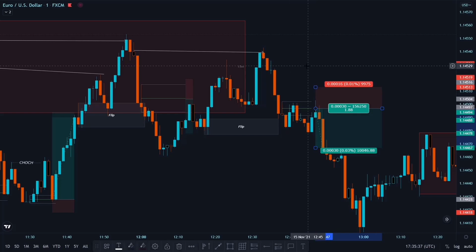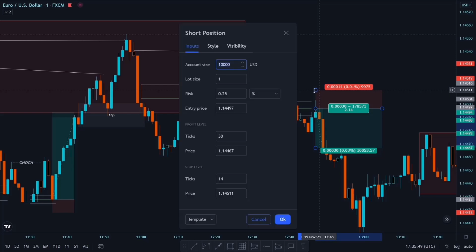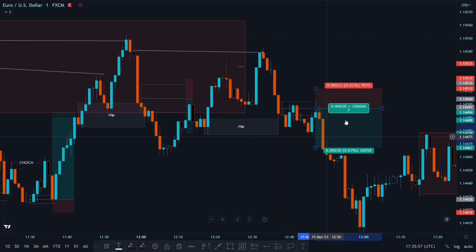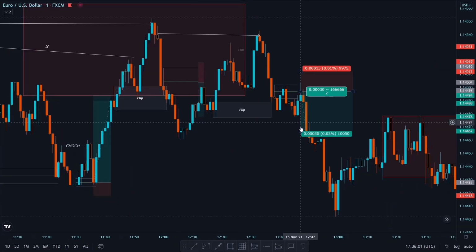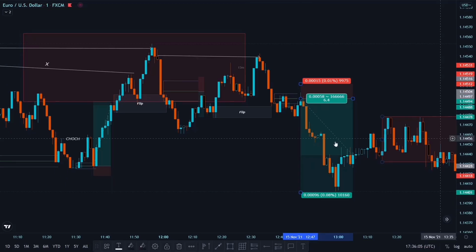Okay, I have a 1.5 pip stop loss, and we get tagged in here, and we ride this whole move to the downside.